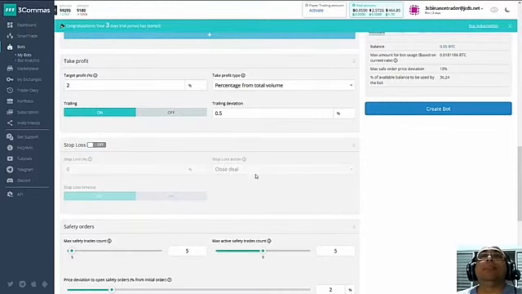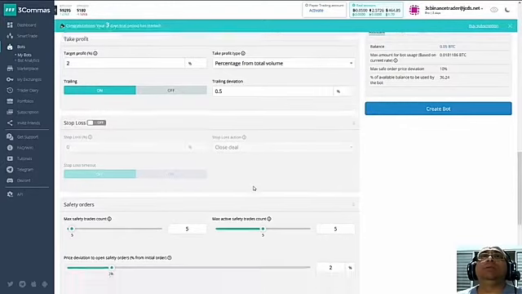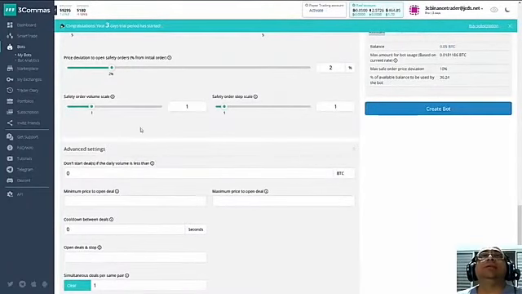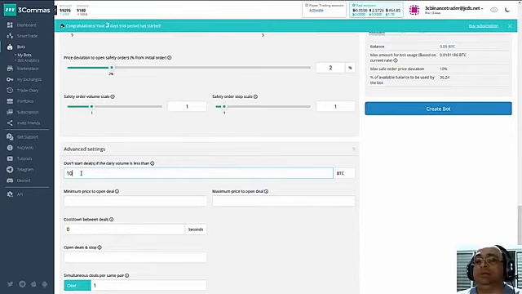Okay. I already talked about the safety orders. Here I have some advanced settings, so I can prevent my bot from dealing, for example, if BTC volume is lower than 10 BTC. Right now we are on a high BTC dominance, so altcoin trading volume is very small.